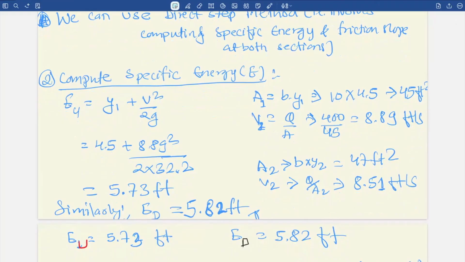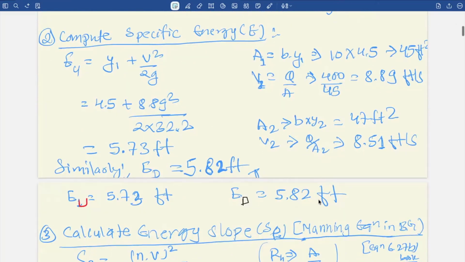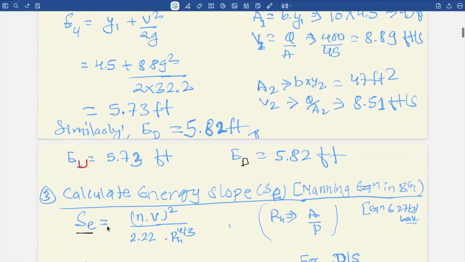And we can compute the friction slope SE at each section using Manning's equation. So our Manning equation will be this: n V squared divided by 2.22 times R_H to the 4/3. This equation comes from equation 6.27b from the book.